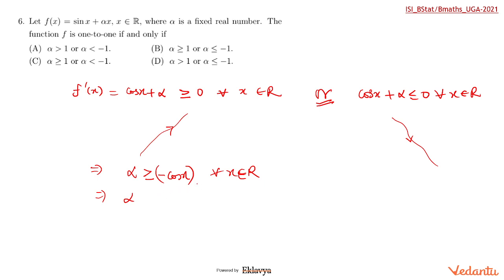Okay, so what are all values of this? Alpha will be greater than the max value of minus cos x, greater than all values of minus cos x.